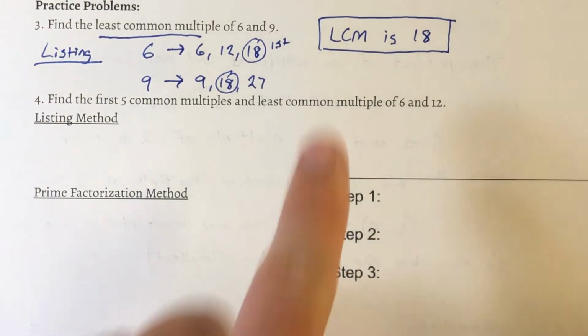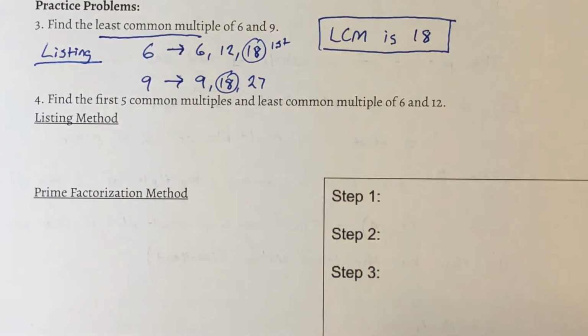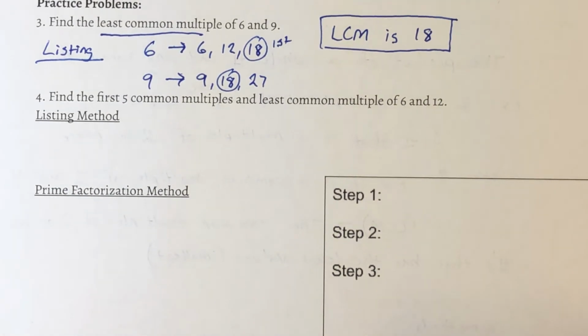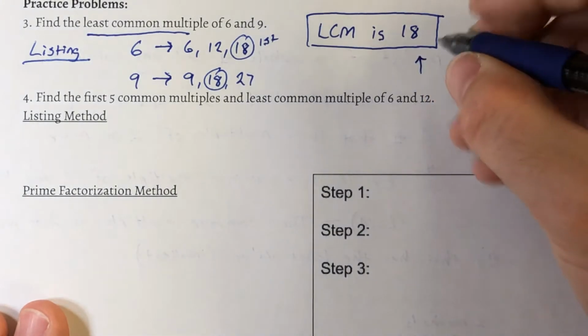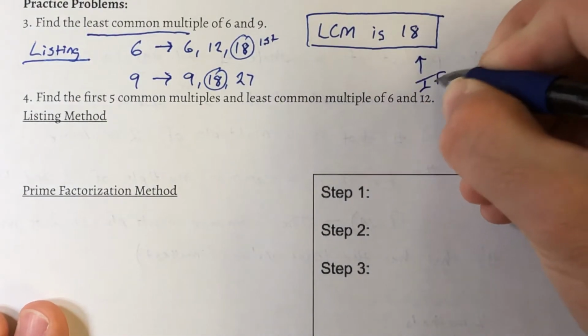Now, let's say you did want more than just the least common multiple, and you wanted the first 3, or first 5 perhaps. You could use that shortcut. So we're going to just make a note of that.